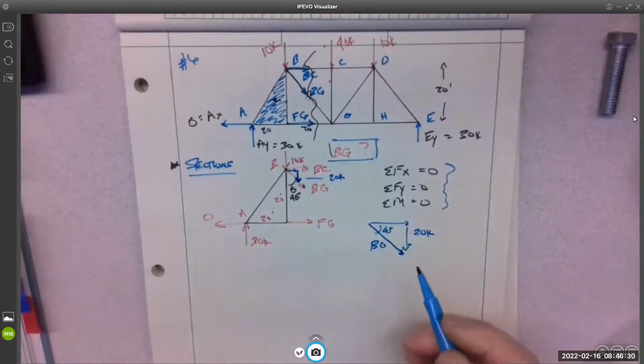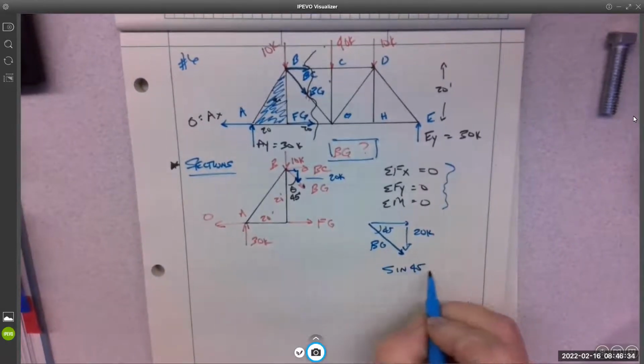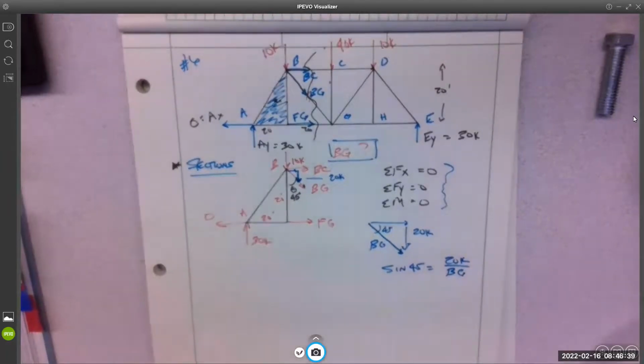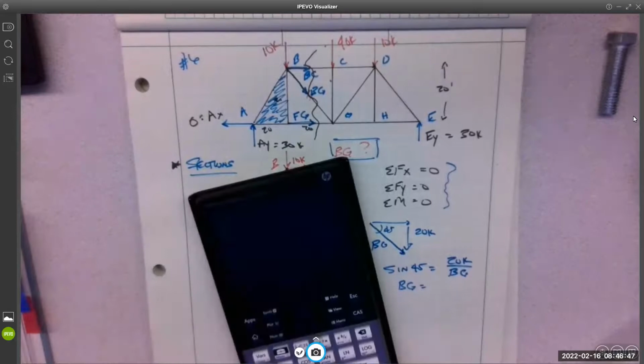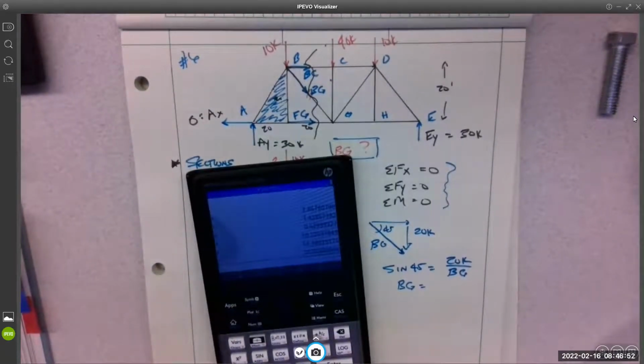I can go straight to my answer, which is sine 45 equals 20K over BG. BG equals 20K divided by sine 45.